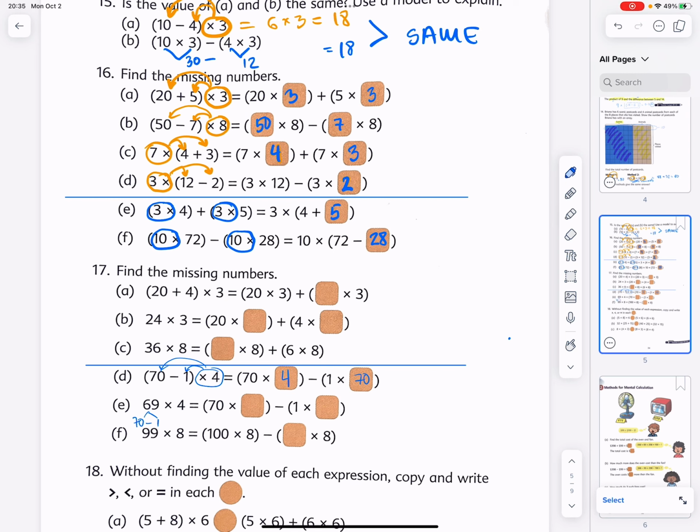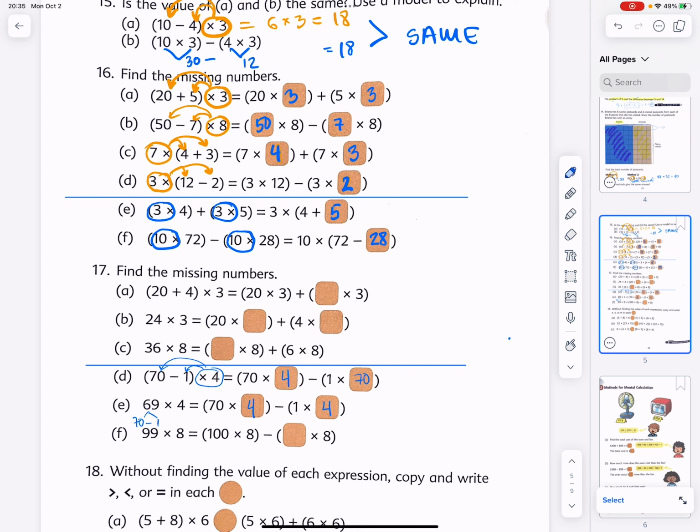We've done this using mental math. And we can say 70 taken 4 times minus 1 extra 4. Here 4 is a common factor.